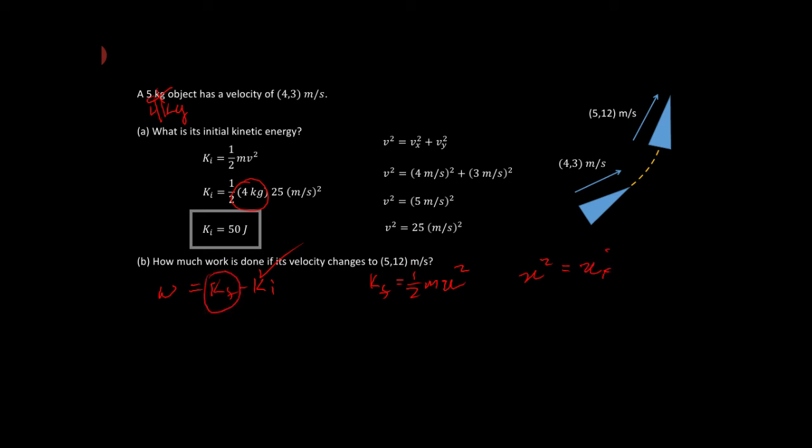I've got ux squared plus uy squared over there, which, like I said, was 5 meters per second squared plus 12 meters per second squared. Squares up there. And that is 13 meters per second, which, if I remember these things from high school, is 169 meters squared per second squared.